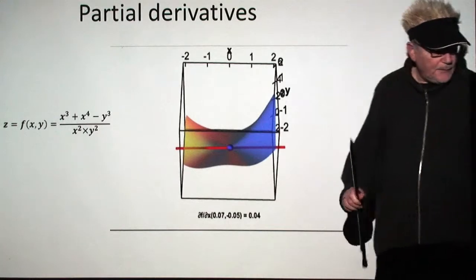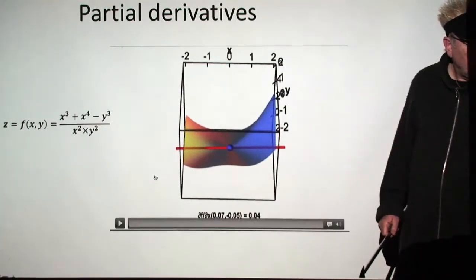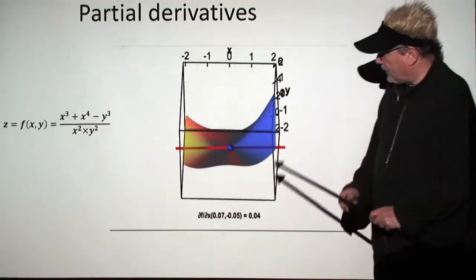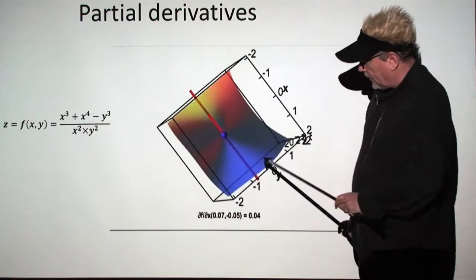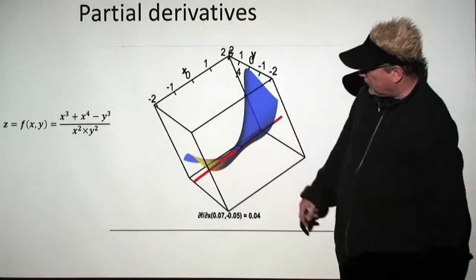So if we look at this animation here, we see that there is a 2D surface, and I make it move so that you understand, the shape roughly looks like a saddle a little bit.